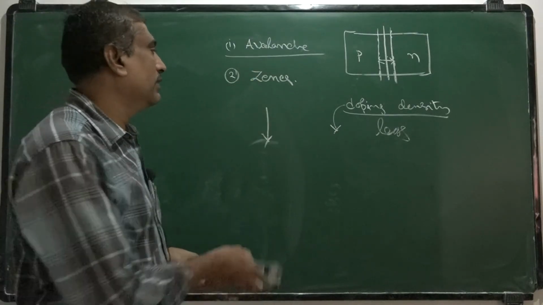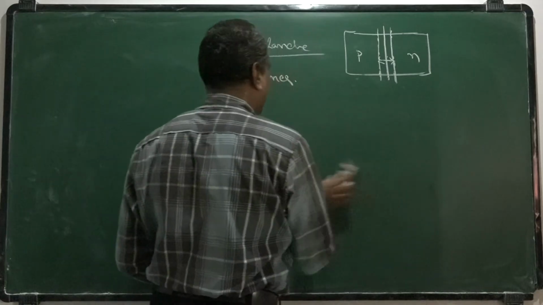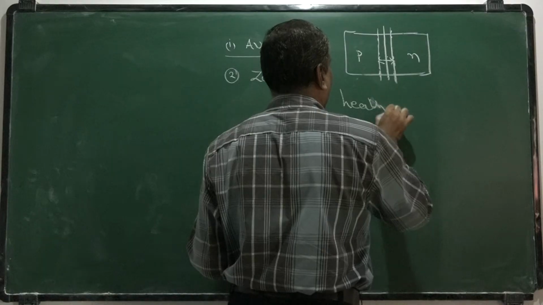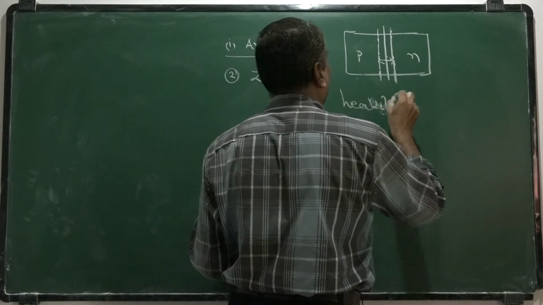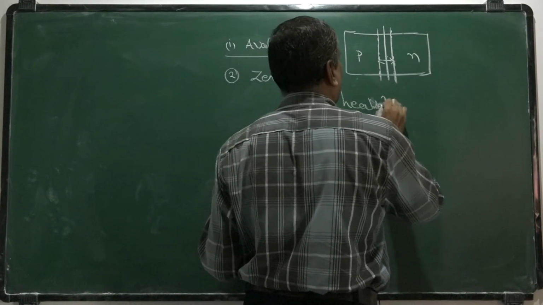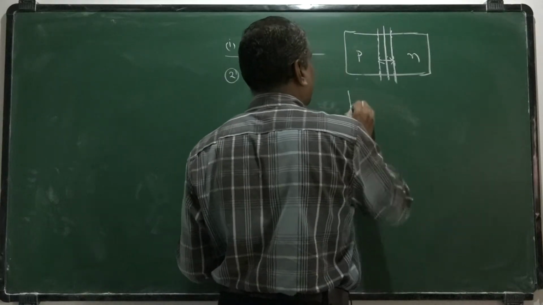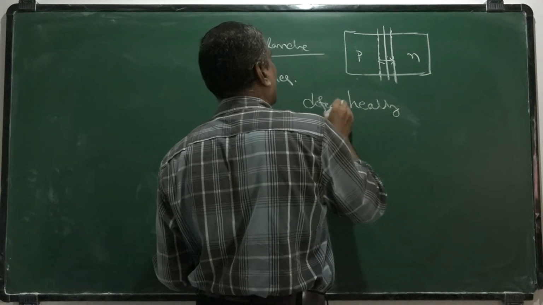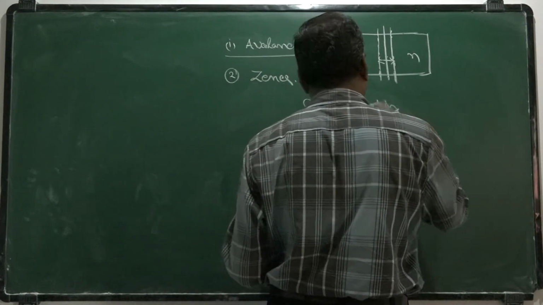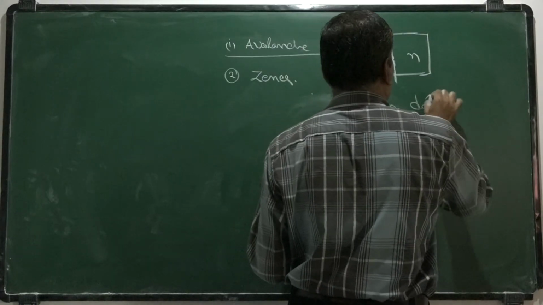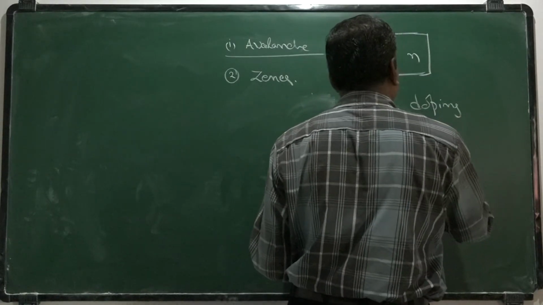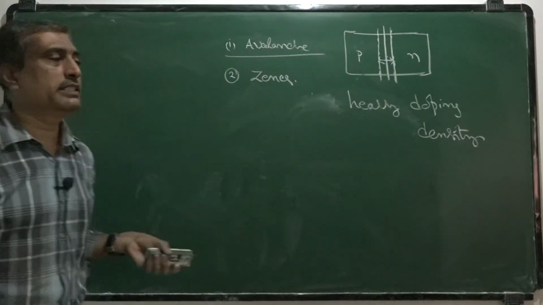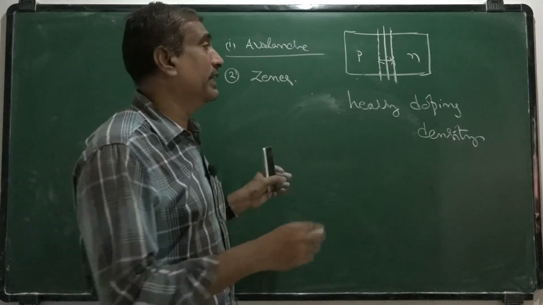But in case of a heavily doped p-n junction, for heavy doping density, the width of this layer is small.